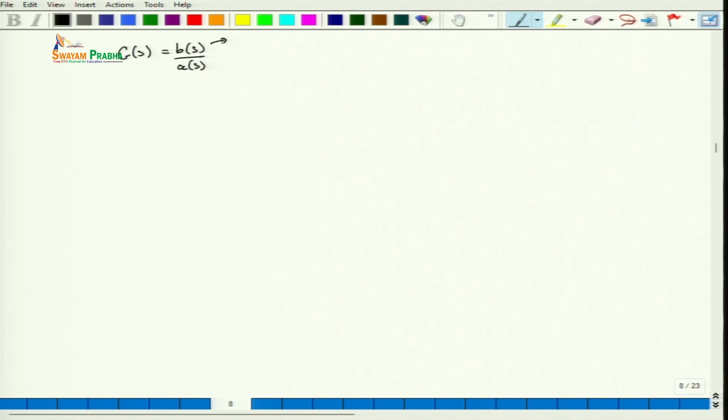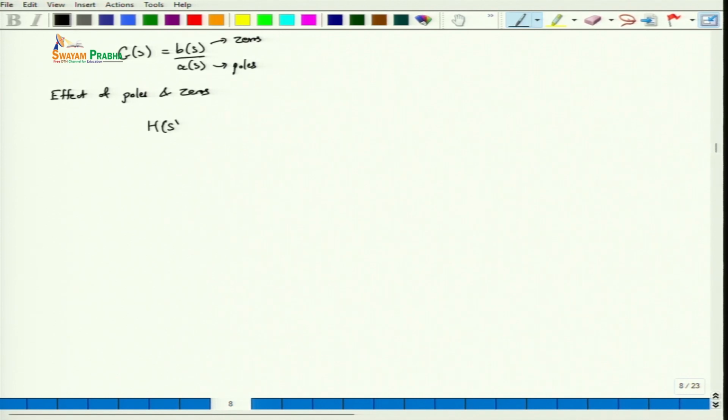The roots of the numerator are the zeros, and the roots of the denominator are called the poles. So what we are going to do now is try to understand the effect of poles and zeros. First we will start with understanding the effect of poles.